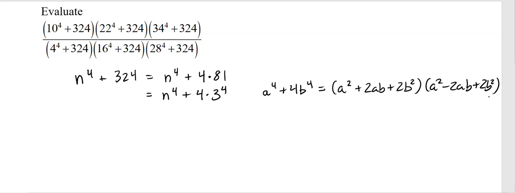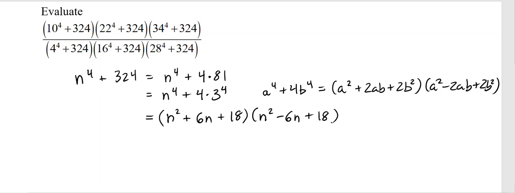For the details of how to factor that, see our earlier video. So in this case, a is n and b is 3. So the two factors we get are n squared plus 2ab, which would be 6n, plus 2b squared, which would be 18. And the second factor would be n squared minus 6n plus 18.